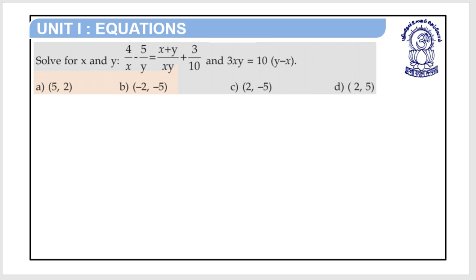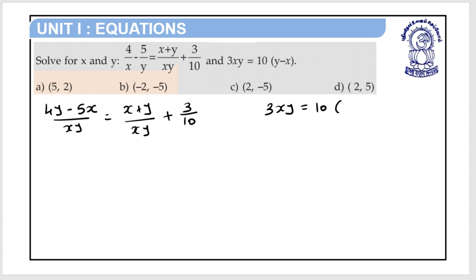Here we can write 4y minus 5x upon xy is equal to x plus y upon xy plus 3 upon 10, and 3xy is equal to 10 y minus x.